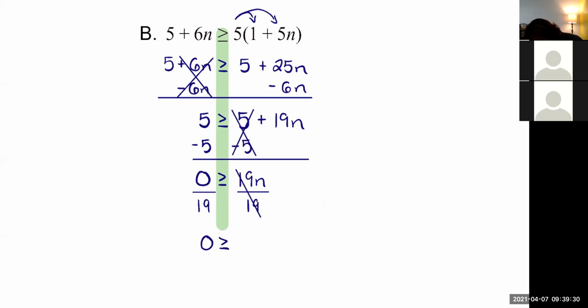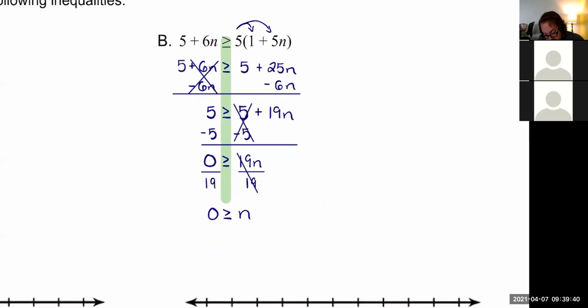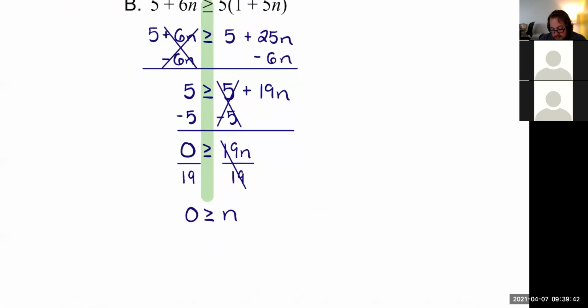Greater than or equal to sign drops down. 19 divided by 19 simplifies to a positive 1, which we're allowed to hide. And I get that 0 is greater than or equal to n. But how would we rather write that? n is less than or equal to 0. Flip the whole thing around so that variable comes in front.